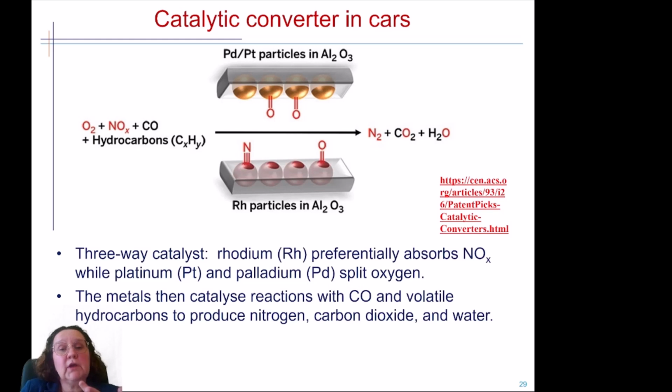Another example of the use of catalyst is catalytic converters in cars. So when you burn hydrocarbons in an internal combustion engine, you use air, and air is composed of oxygen and nitrogen. Yes, you need the oxygen to react with the hydrocarbons, but the nitrogen will react with the oxygen at the high temperature to produce nitrogen oxides, which we don't want, they are pollutants, and there will also be a certain amount of carbon monoxide liberated because of the reaction of the oxygen and the hydrocarbons.